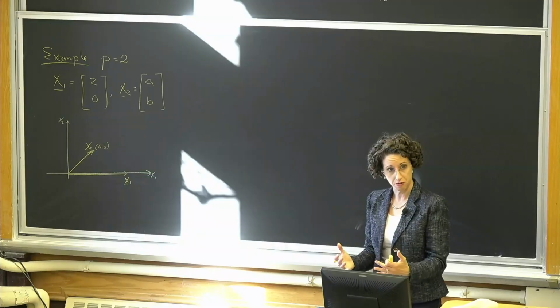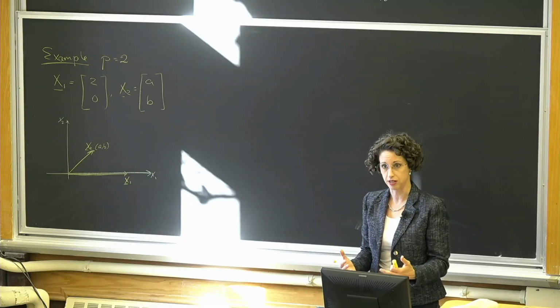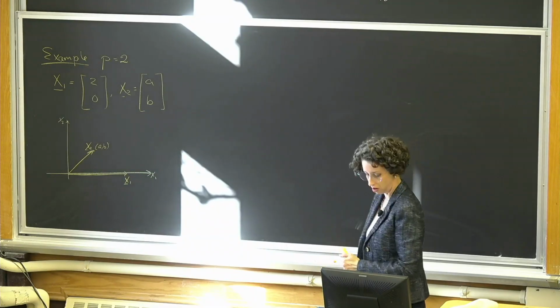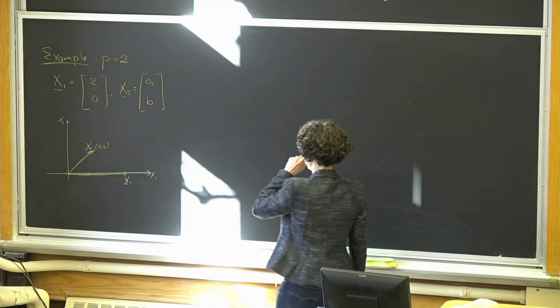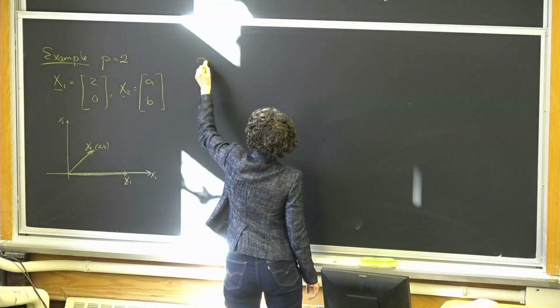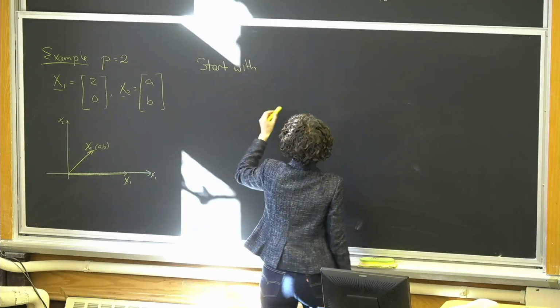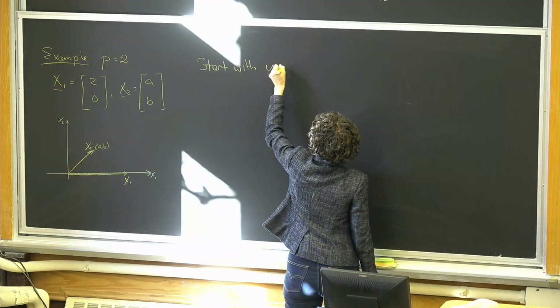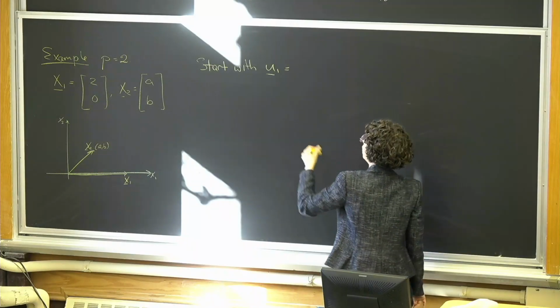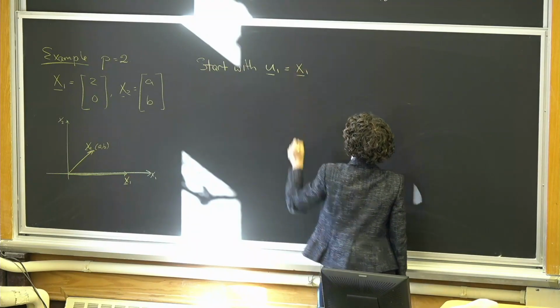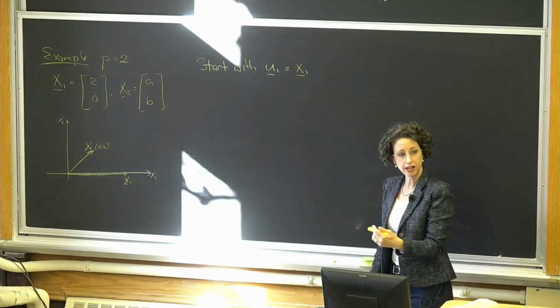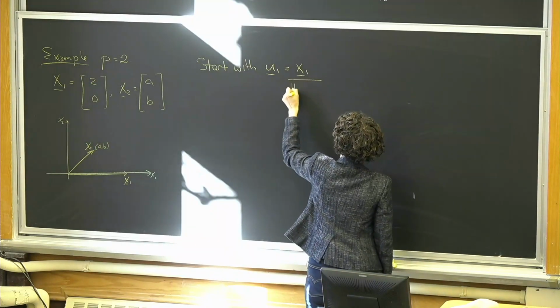But to illustrate where we're headed with the Gram-Schmidt orthogonalization procedure, I think it's helpful to walk through this. And so what we are going to do is start with our first basis vector, u1, and form it by taking our first sample, x1, and dividing it by its norm, by its length.